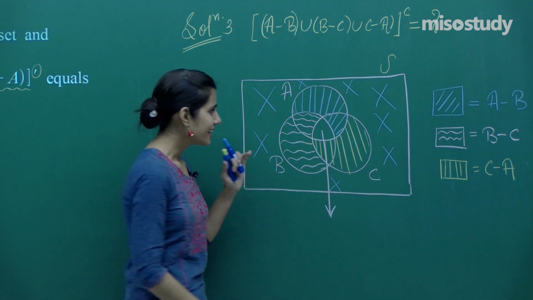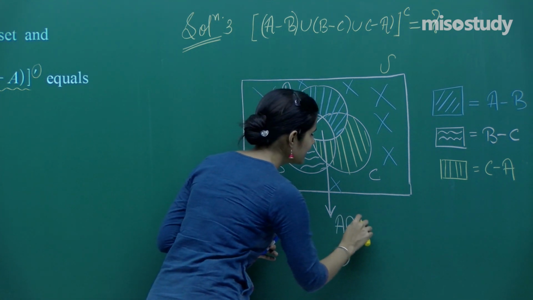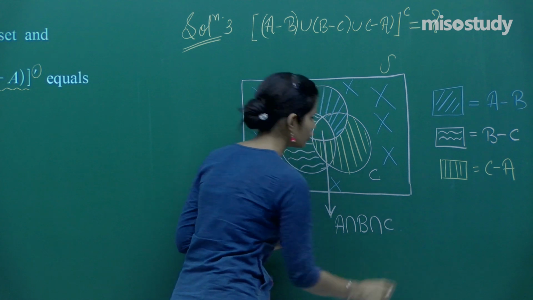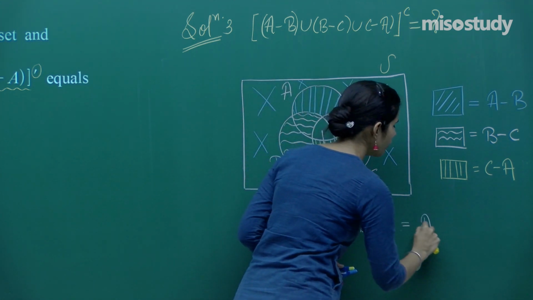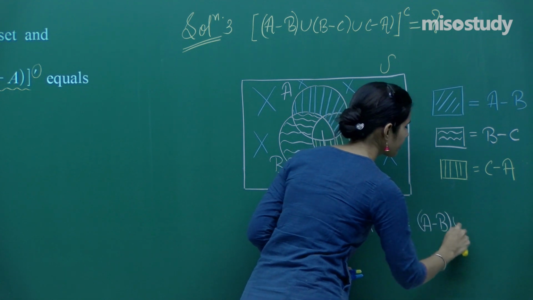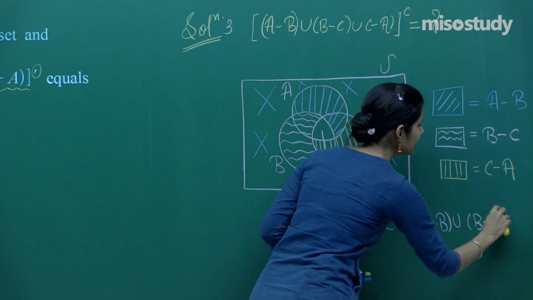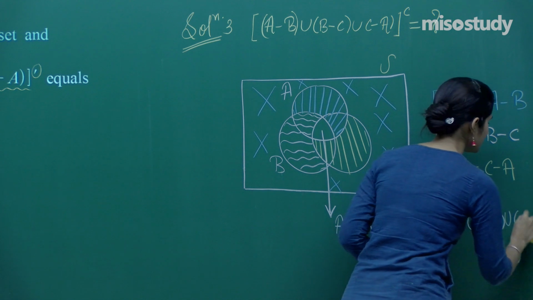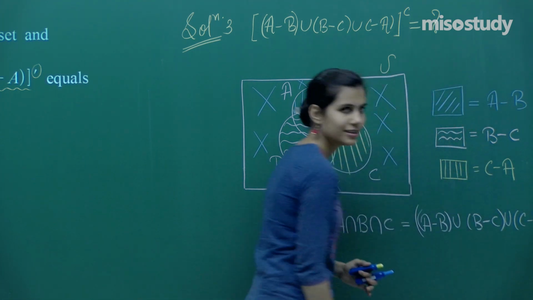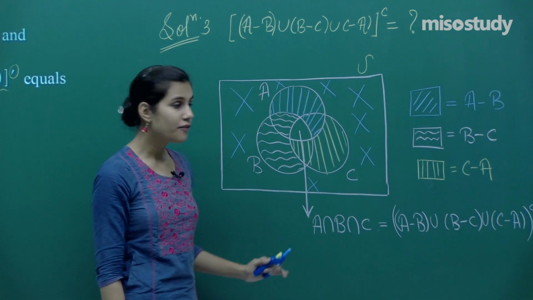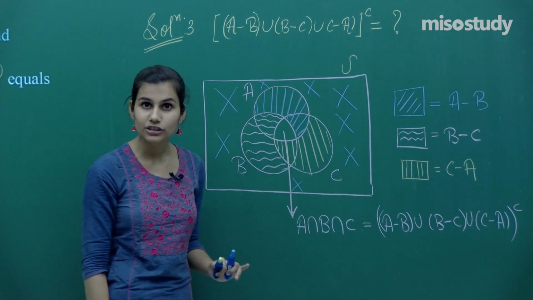What is this? This is A intersection B intersection C. And this is the very complement of A minus B, B minus C and C minus A. Because only this is left after avoiding the shaded regions.